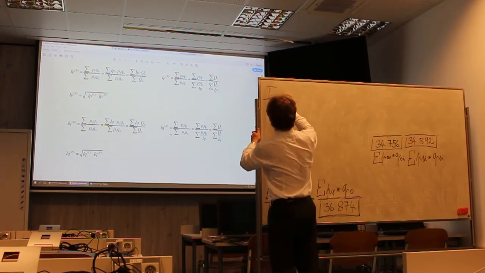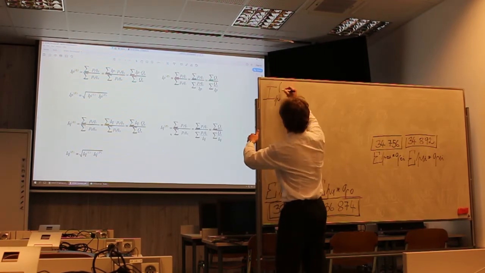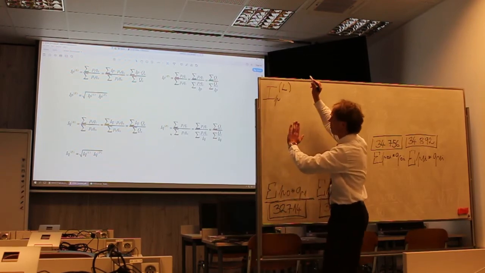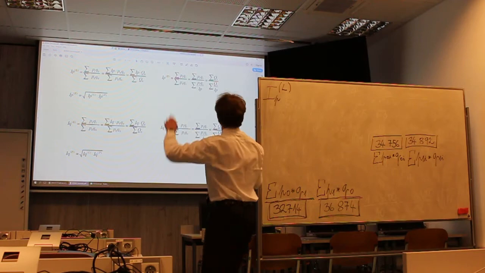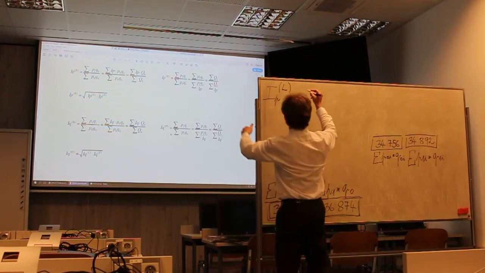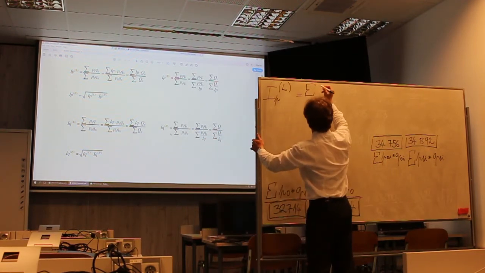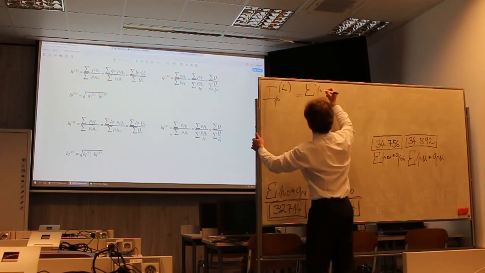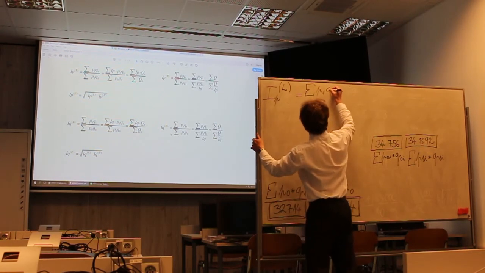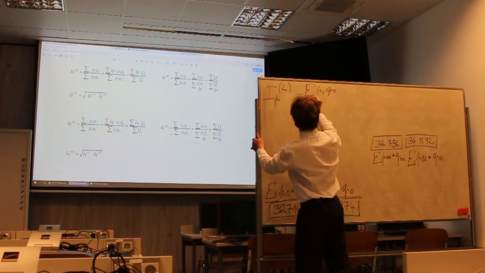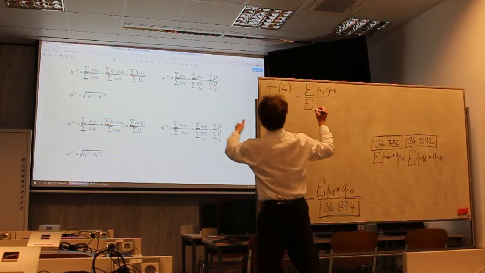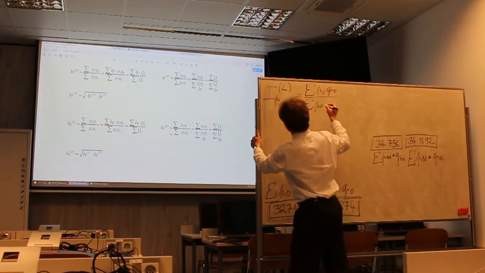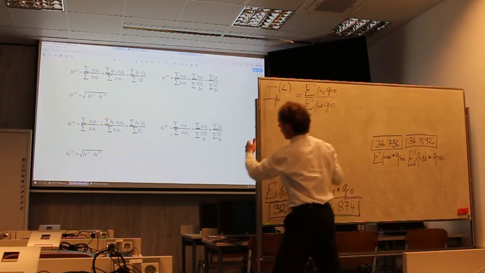Index for prices of the last pairs type. In numerator we have summation of P1 Q0. In denominator we have summation of P0 Q0.